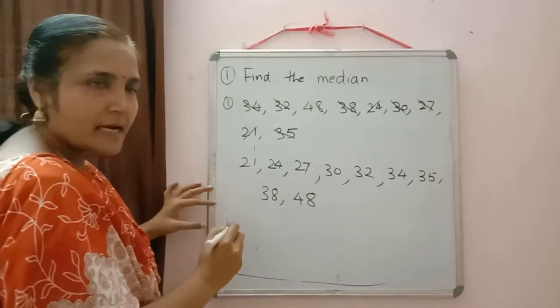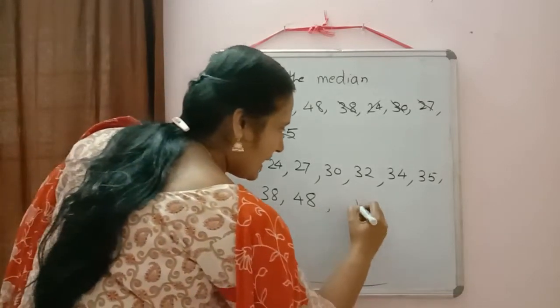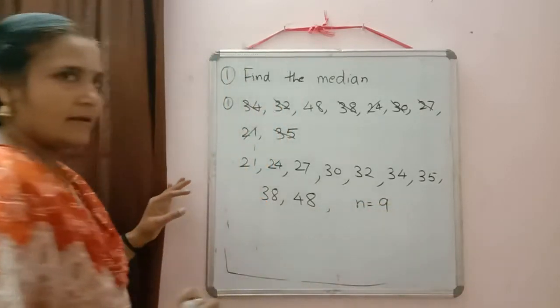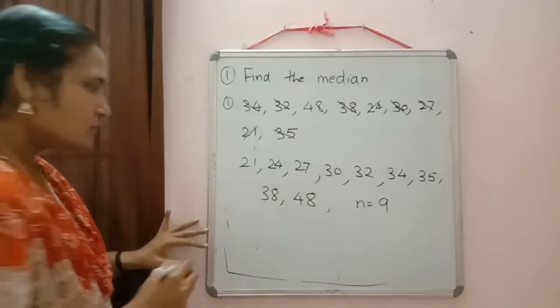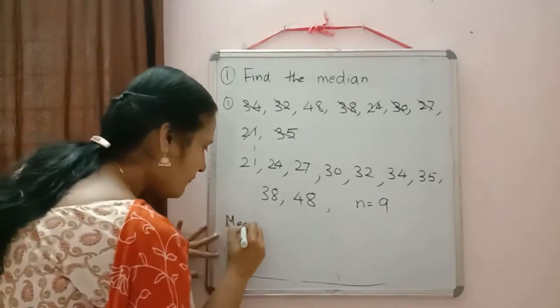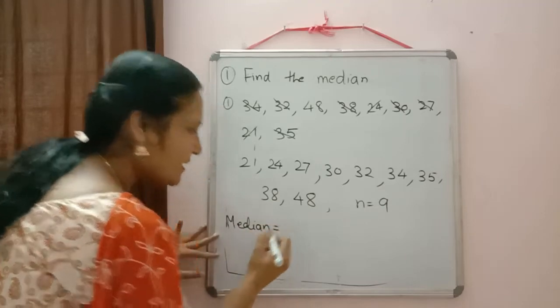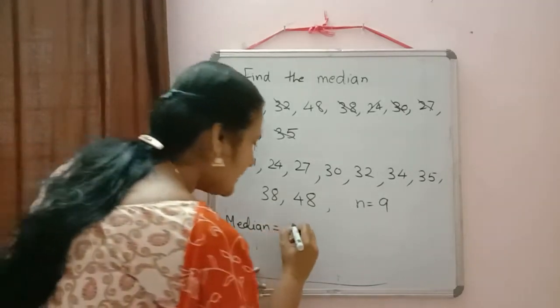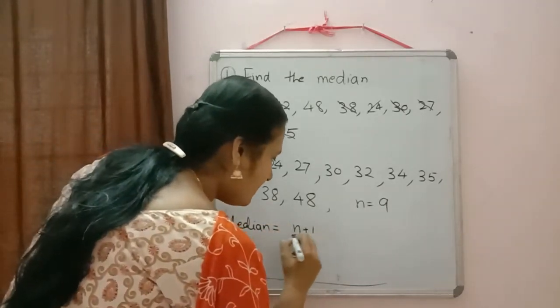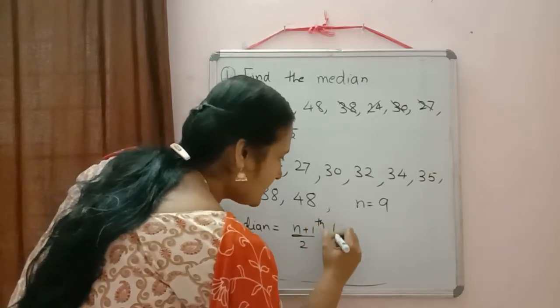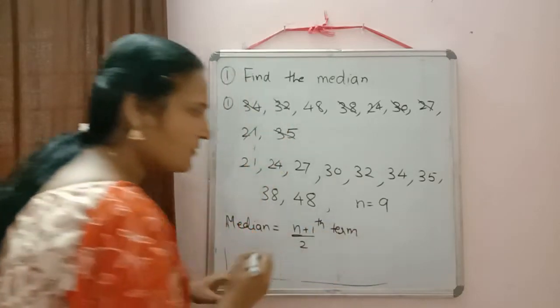Total how many numbers are there? We have calculated, n is equal to 9, and 9 is odd. So we wrote the formula: when the number of observations is odd, then median is equal to (n plus 1) by 2th term. Term or observation you can write.